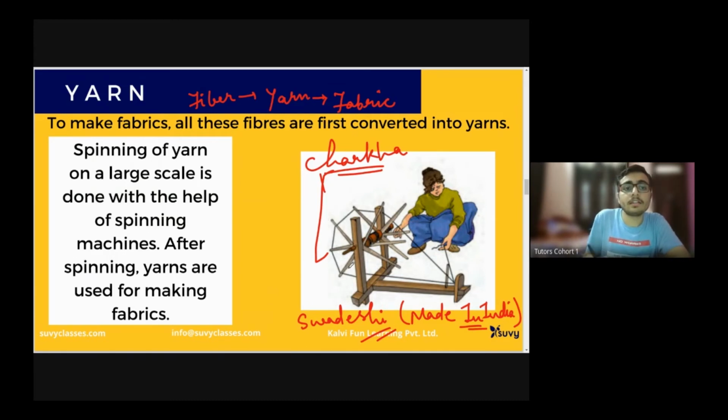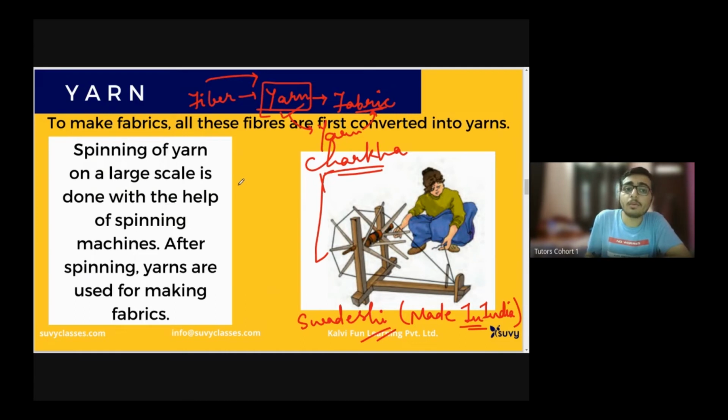Basically, spinning of yarn on a larger scale is done with the spinning machine. Now children, we have got yarn in the previous step from fiber to yarn. Like I said, we have collected the jute fibers, we have twisted them round, we have got cotton balls, we have done ginning, and we have got the yarn. Now this yarn has to be converted to fabric, or a better yield of yarn which shall be converted to fabric.